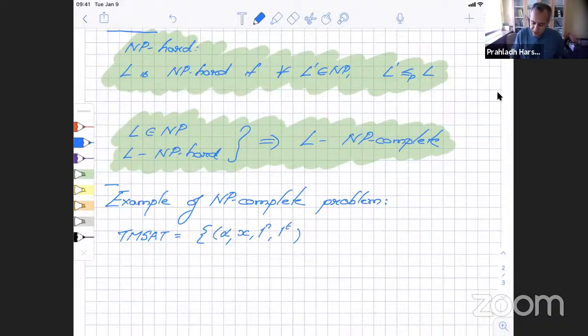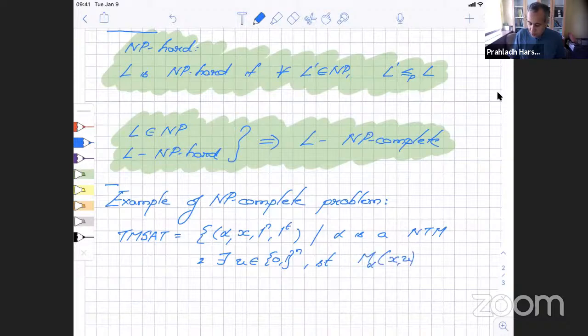And it just says the following: alpha is a non-deterministic Turing machine, and there exists a string u of length n such that M alpha accepts the pair x, u in t steps.